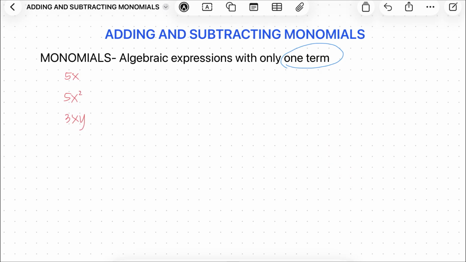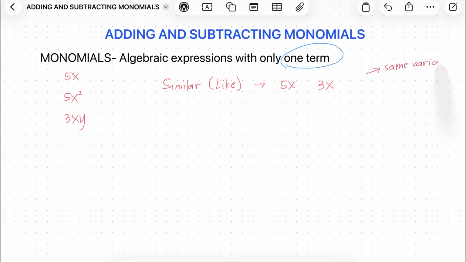We can only add monomials that are similar, or what we call like. For example, we have 5x and 3x. 5x and 3x are similar. One, they have the same variable.